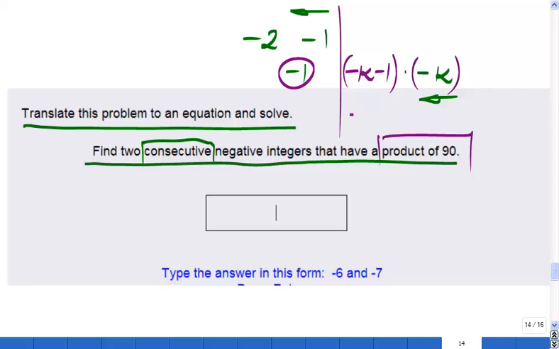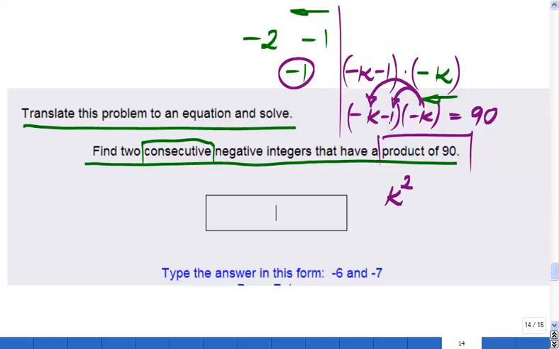So I have negative k minus 1 times negative k equals 90. Well, let's do that multiplication here. Negative k times negative k is going to be positive k squared. I'm distributing that negative k to everything inside the parentheses.